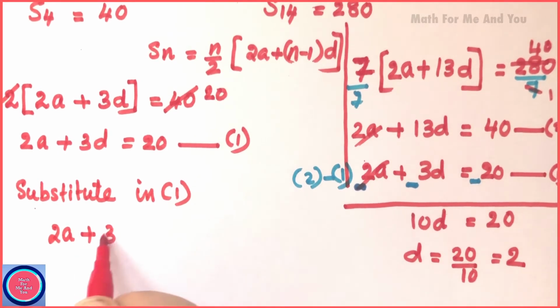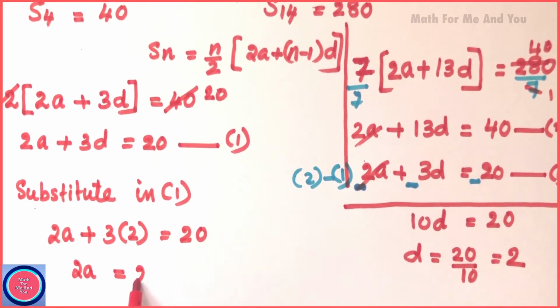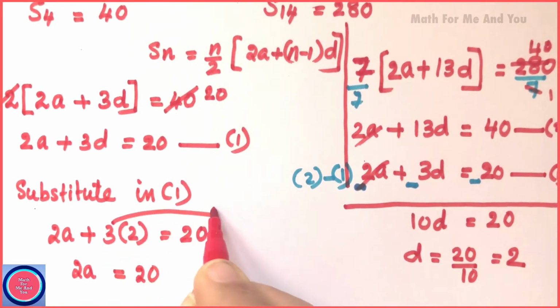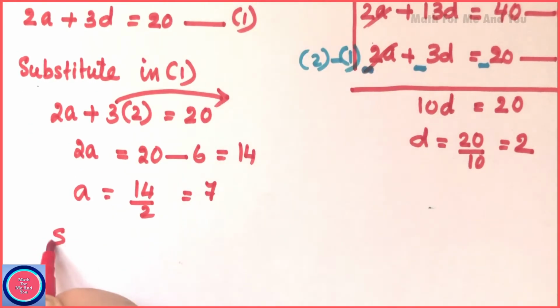So it is 3 times 2 equals 20. 2a equals 20 minus 3 times 2 is 6. We get the answer 14. 2a equals 14. What about a? A equals 14 over 2 is equal to 7. So the first term is 7 and the common difference is 2.